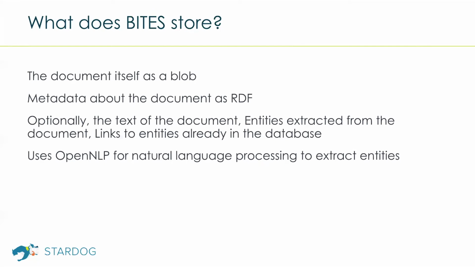I don't think they're in this slide, but we can go into that at some point if people want to parse through the text of the document, figure out something like names. It'll scan the document looking for names and pull those names out, link them to entities that are in your data, all kind of automagically.